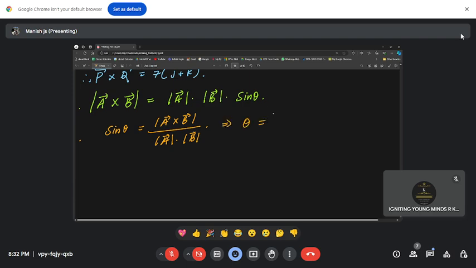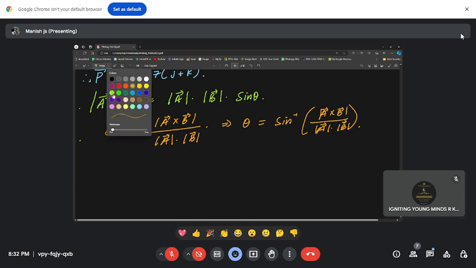It is sine inverse of mod of A cross B upon mod A times mod B. That gives you the angle theta, children. That's it. Sine theta is going to relate for cross product, so you should keep that in mind.